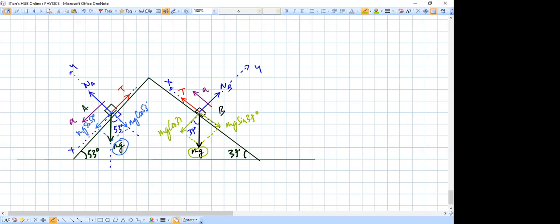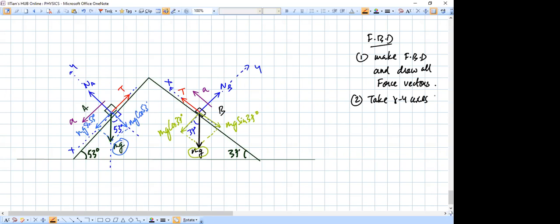So remember, in the free body diagram method, these are the steps of any free body diagram equation. First step, make the FBD, that is, draw the particle and draw all forces or all force vectors. Second, take the XY axis as per convenience, meaning whatever is easier.